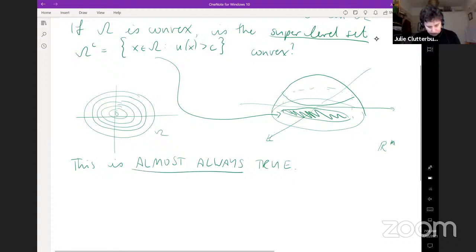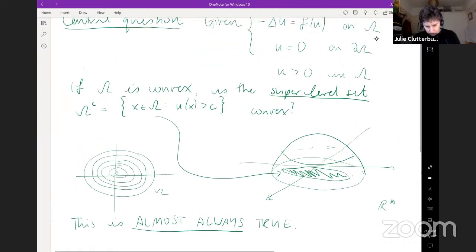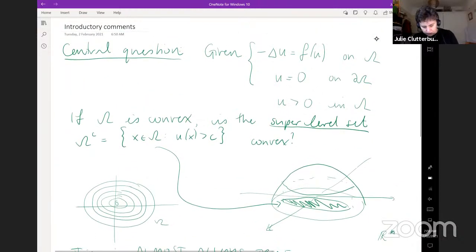Sorry, I should actually mention, when we go back to our problem, another condition here is that f is positive or non-negative.